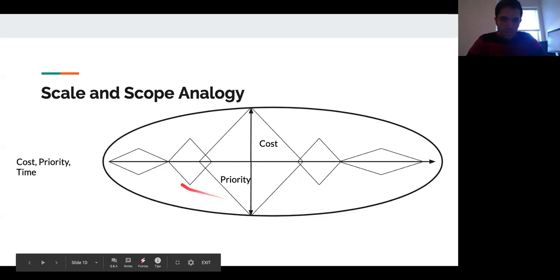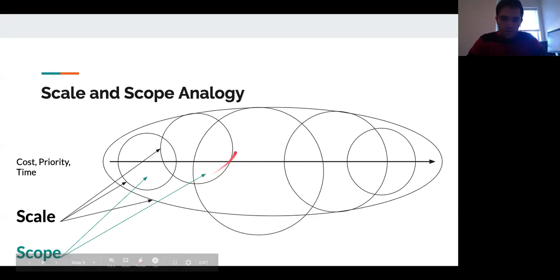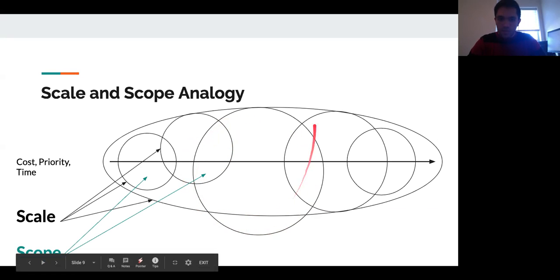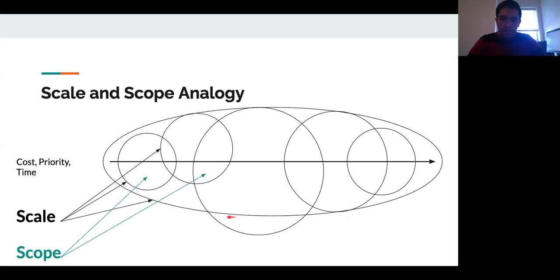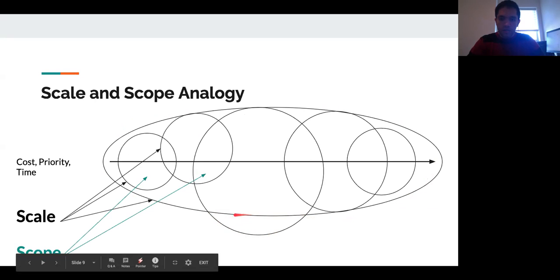And so we have this circle, which is the third step or the third phase within a scale-over project. And this circle here is the actual entire project scope that we want to live within. You see that this area of scope or scale for this phase is out of scope for the entire project.